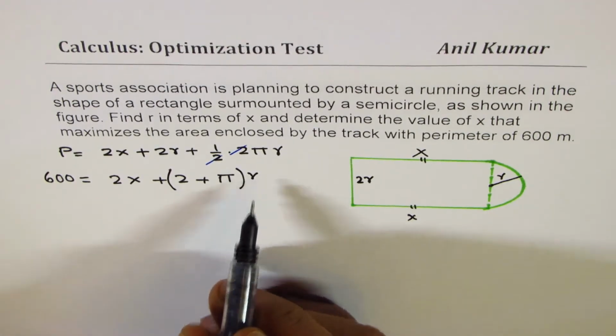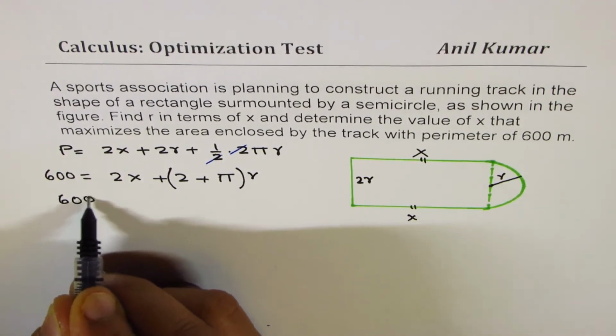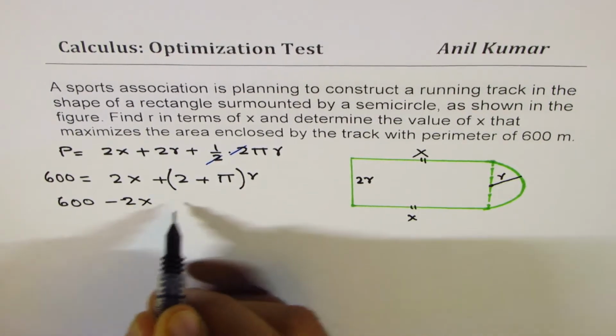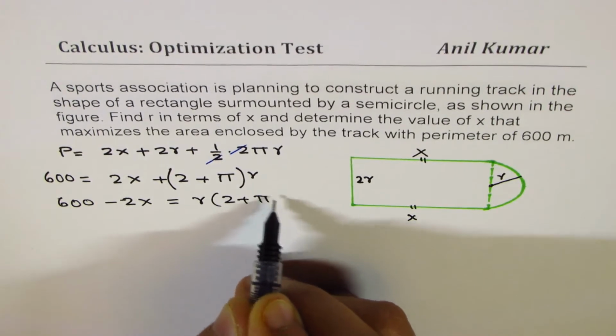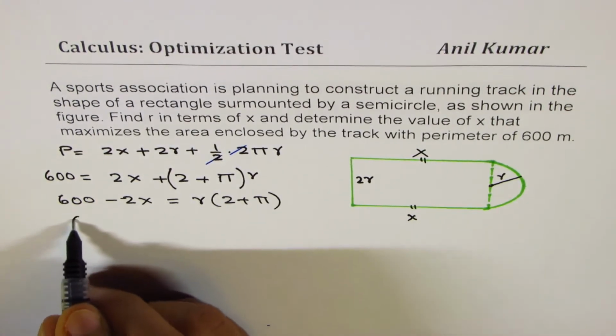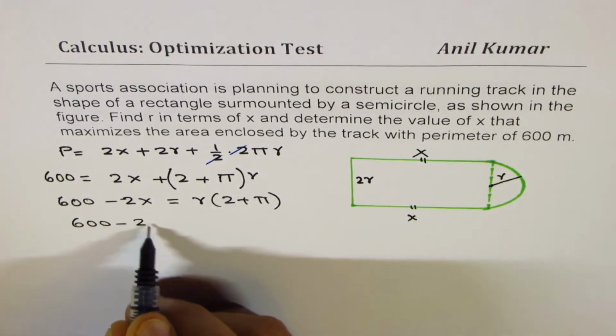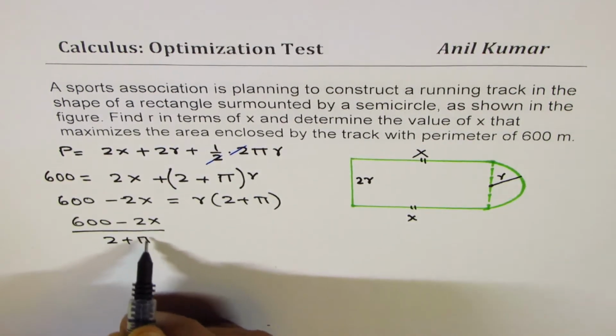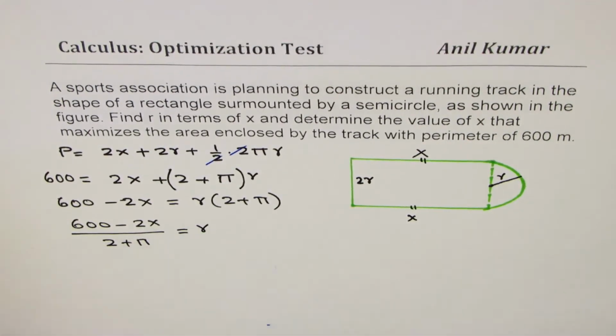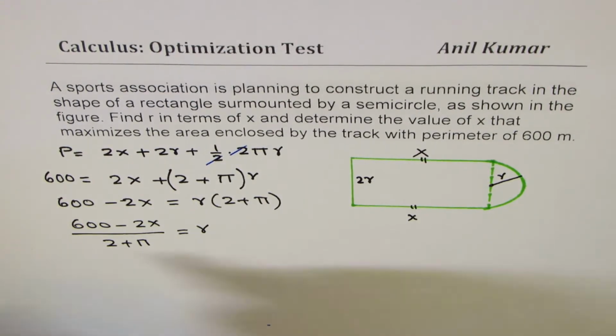So let's isolate r now. So we have 600 minus 2x equals r times 2 plus pi, or we can write 600 minus 2x divided by 2 plus pi as equal to r. Right? So that becomes an expression for r.